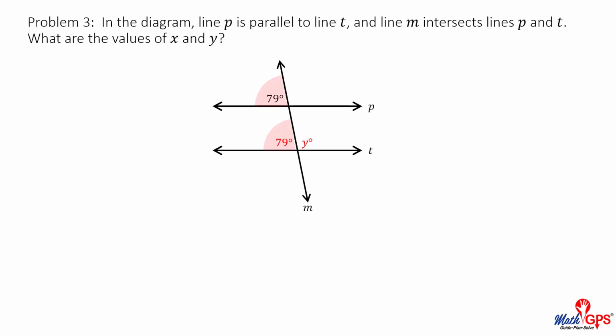The value of X should be 79 because the acute angles in the diagram are congruent to one another. The value of Y should be 101 because the adjacent angles form a supplementary pair. Together, they total 180 degrees.